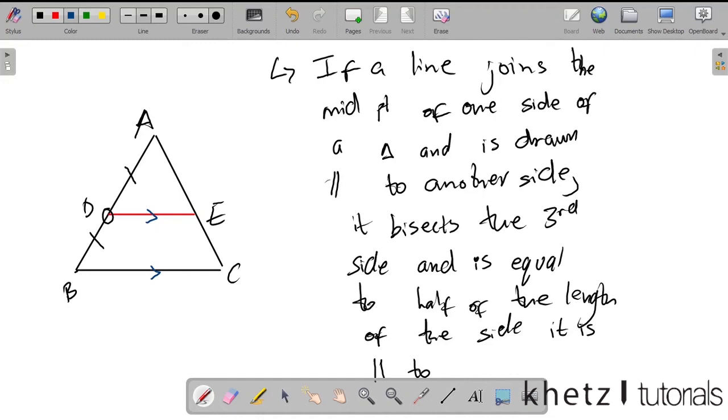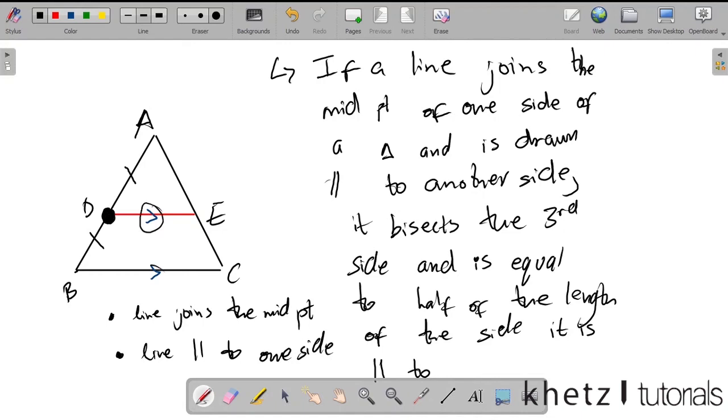So if these are the two things that are given, the first thing is that the line joins the midpoint of one side, and that the line is parallel to one side. So we know for sure that the red line cuts there, which is the midpoint, and that it is also parallel to one side of the triangle.